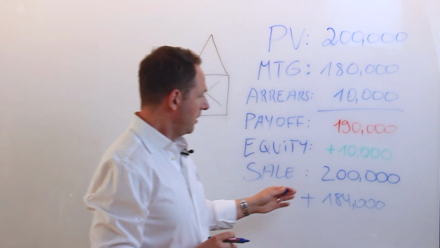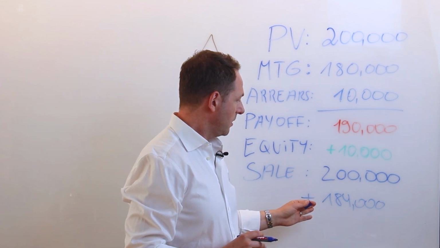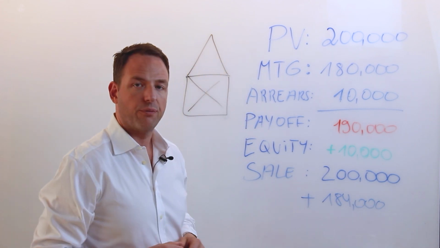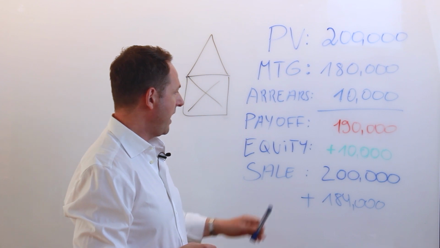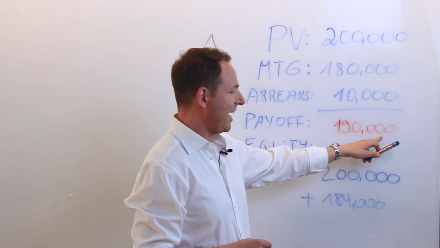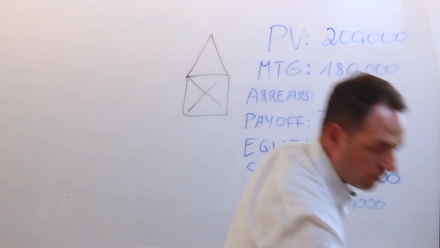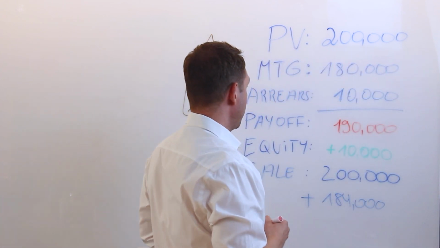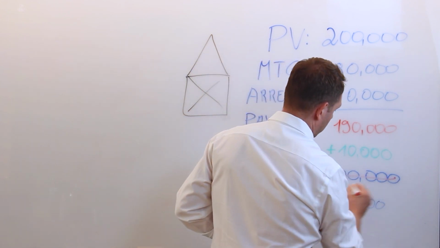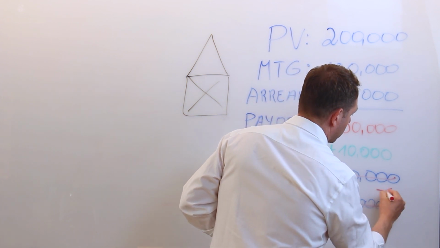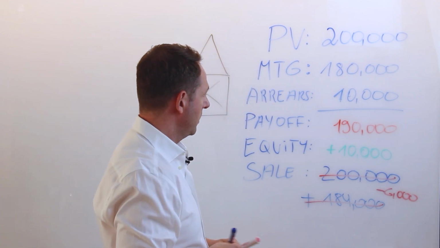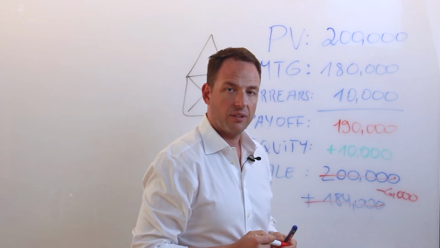And so the issue is, if the net proceeds at closing are $184,000, while this homeowner owes a total of $190,000, what happens is that they actually have to bring $6,000 to the closing table, because their payoff is $190,000.